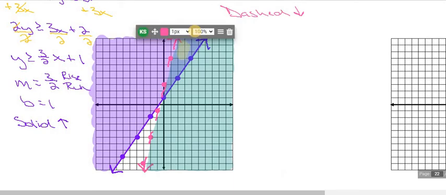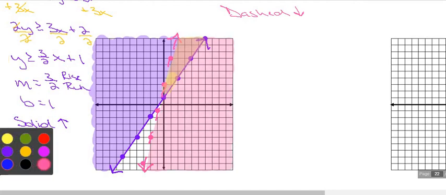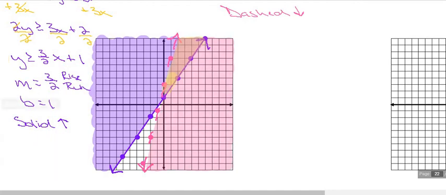Okay, so let's do some coloring. All right, so I'm going to label in here that this is a solution region.